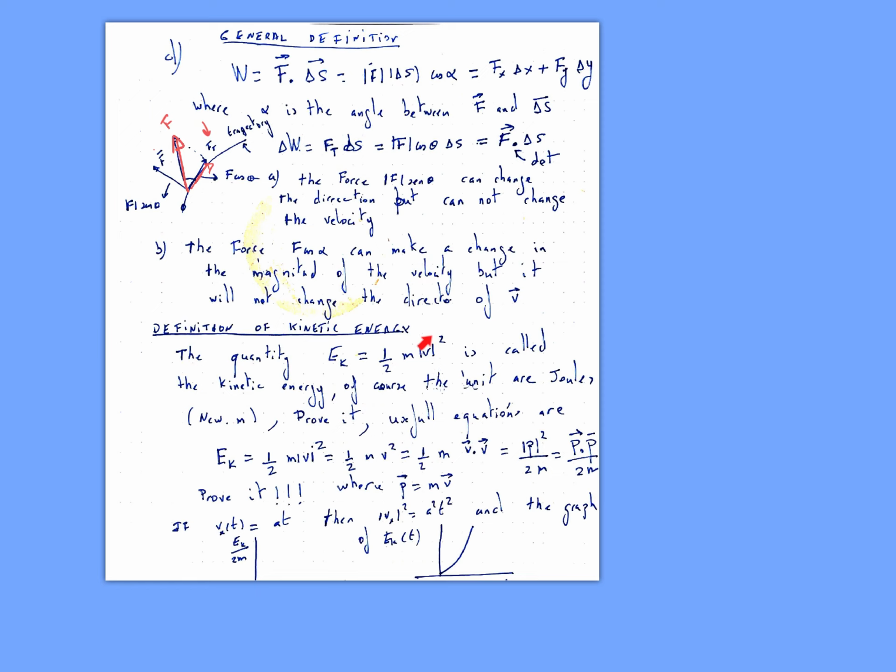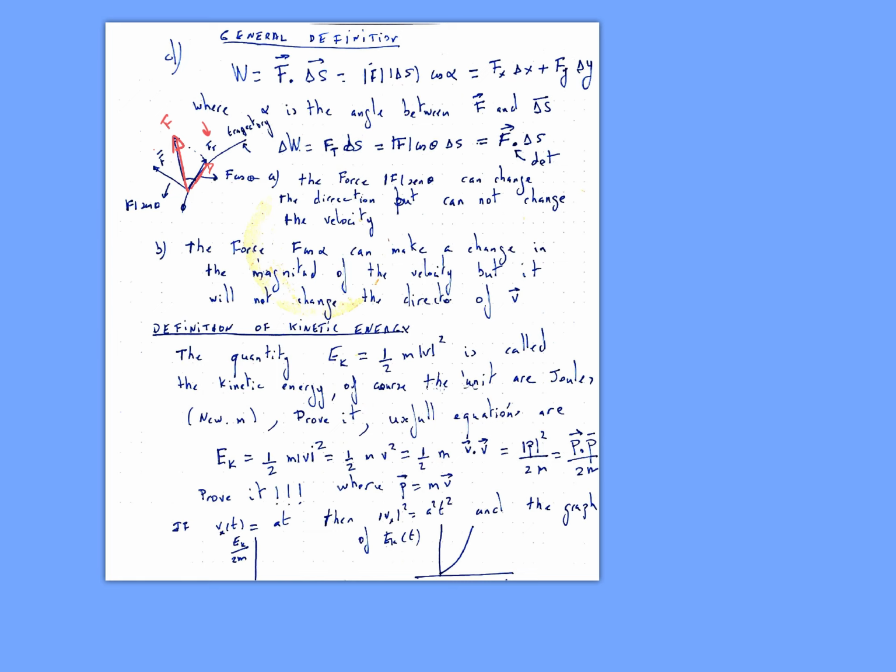This is the definition of kinetic energy that you already know, 1/2 mv squared. v is a scalar, v squared is also a scalar, the magnitude of v. Of course, the kinetic energy is measured in joules. These are different ways of expressing the kinetic energy, 1/2 mv squared or 1/2 m v dot v. v dot v is the magnitude of the first by the magnitude of the second by the cosine of the angle.